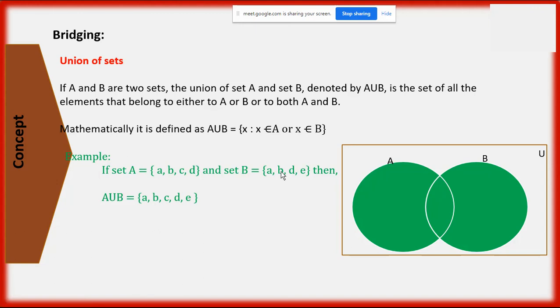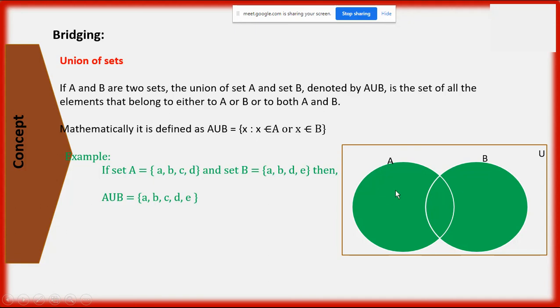Okay. Now moving to the next part, dear students, intersection of sets. Intersection of sets means x belongs to A and x belongs to B. A intersection B equals x belongs to A and x belongs to B; and is used here.